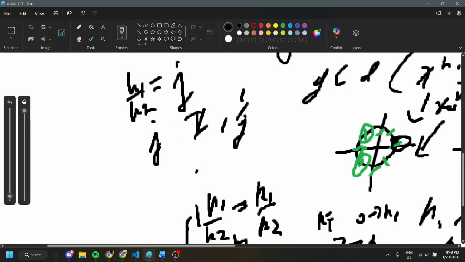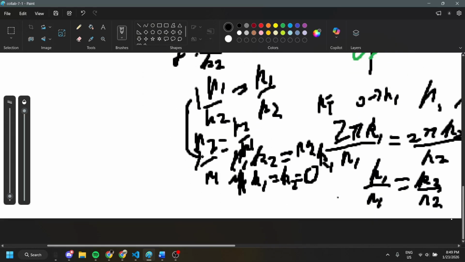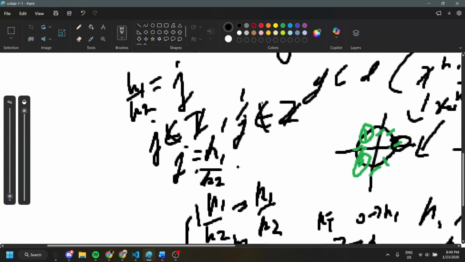If it's not a part of the integers, then j is equal to k1 over k2. And we can say an equivalent thing, j opposite is equal to k2 over k1. We can see that neither of these are integers.